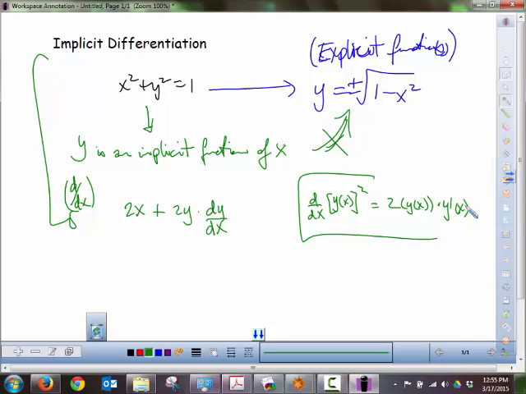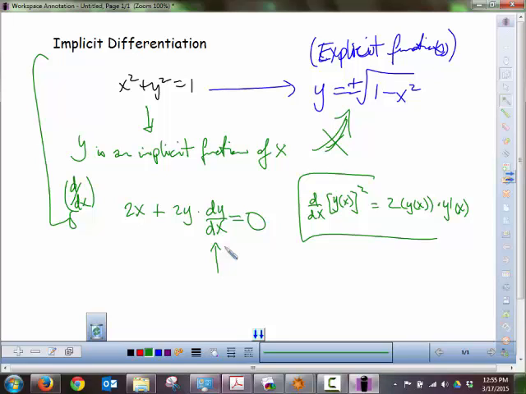So we d/dx the whole thing, so we have to do the right hand side as well, and the derivative of 1 is what? 0. And then you would solve for dy/dx. So that's the idea back in Calculus 1 of implicit differentiation.